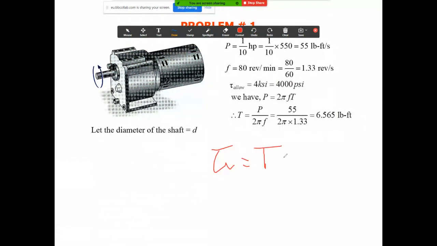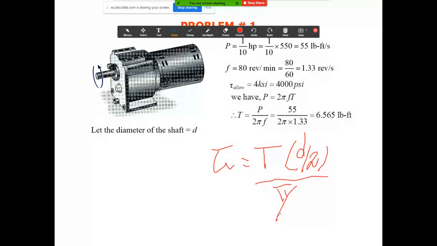This is the T. This is the C, which is D over 2, divided by pi over 2 multiplied by D over 2 to the power 4. So now you have this equation.